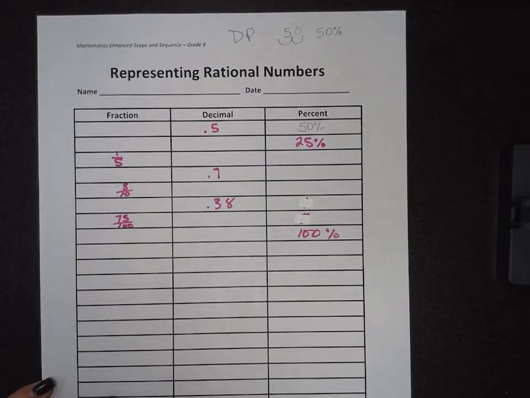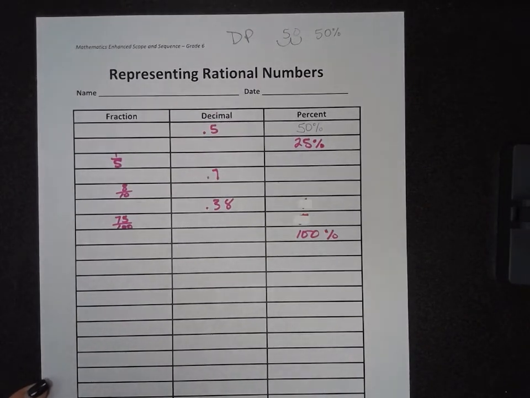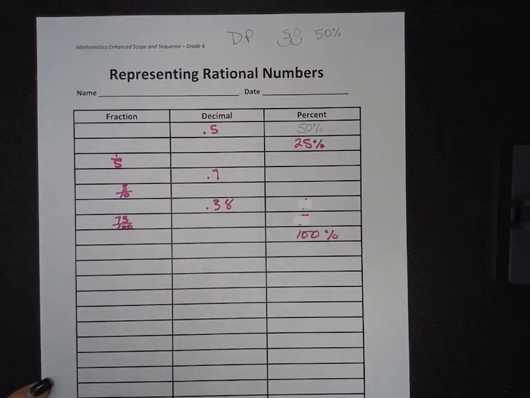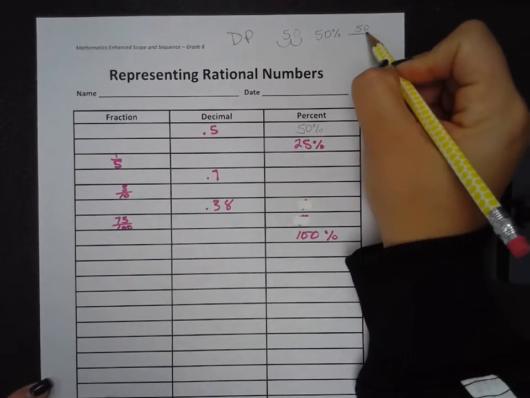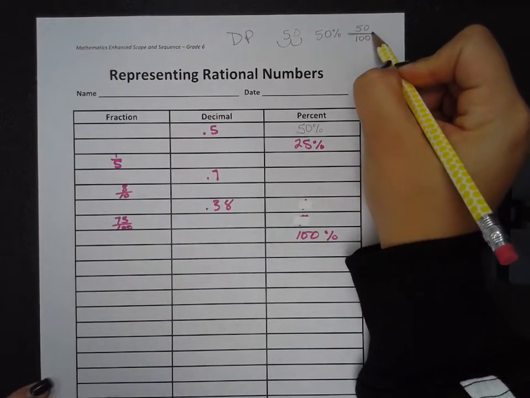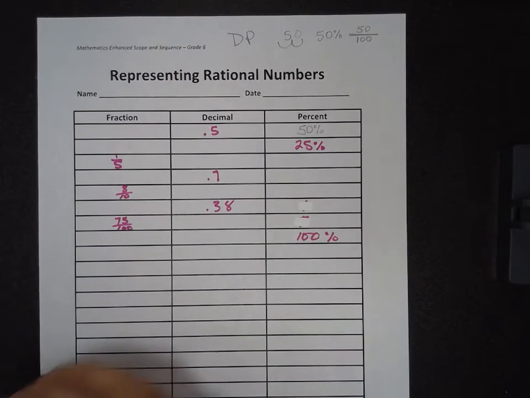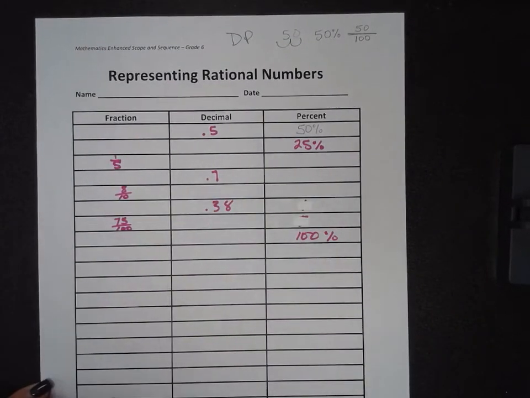Then, if I want to set this up as a fraction, percents are always out of what? You should be thinking percents are always out of 100. So I know that I can write 50 out of 100. Now I could write that down right here, but whenever we write down fractions, we want them to be in simplest form.